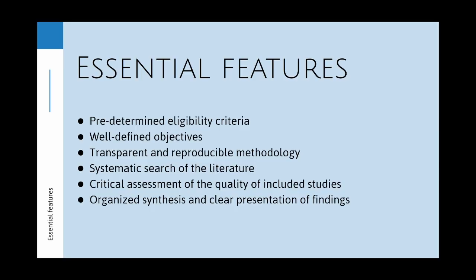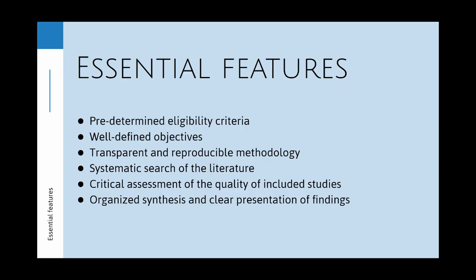In systematic reviews, you also have this critical assessment of the quality of included studies, because yes, a systematic review is a summary of the evidence, but you have to also provide the quality of the evidence, because you can end up with a strong association but low quality studies.